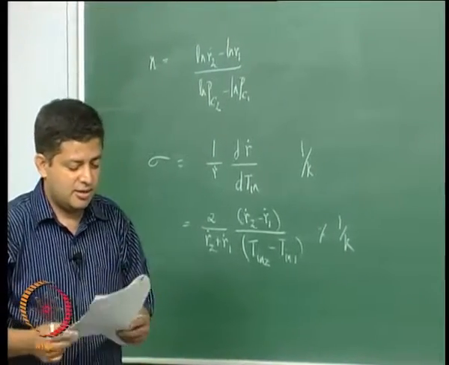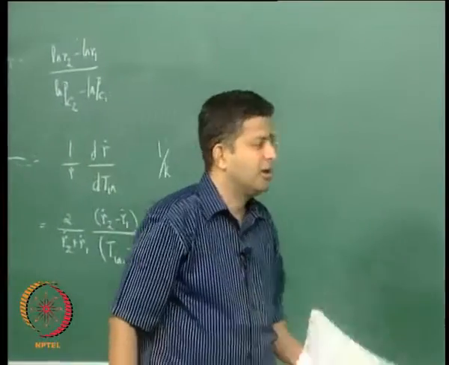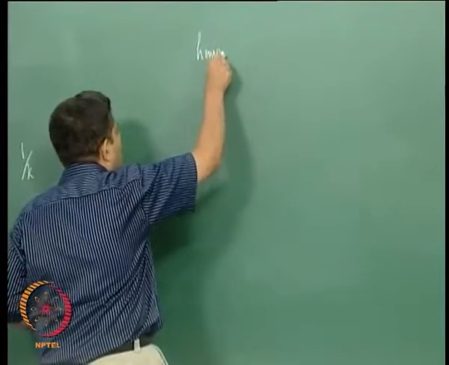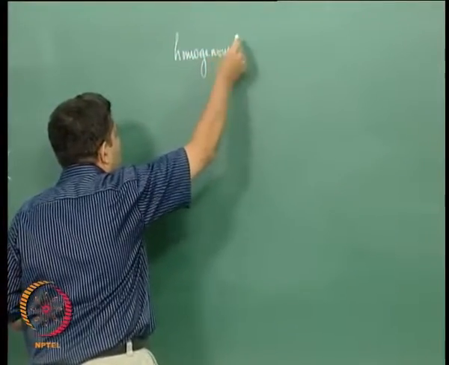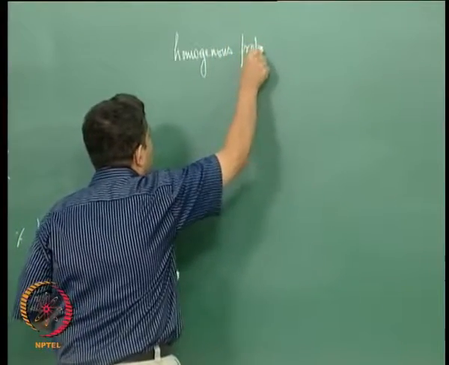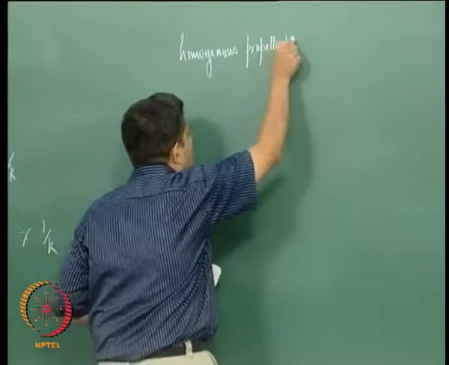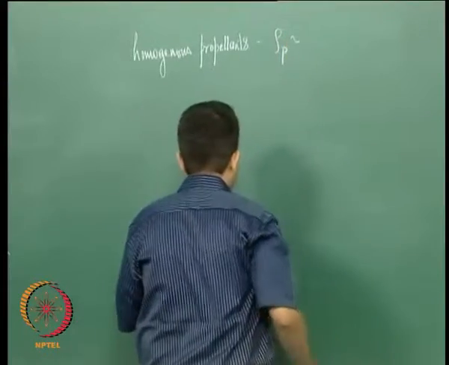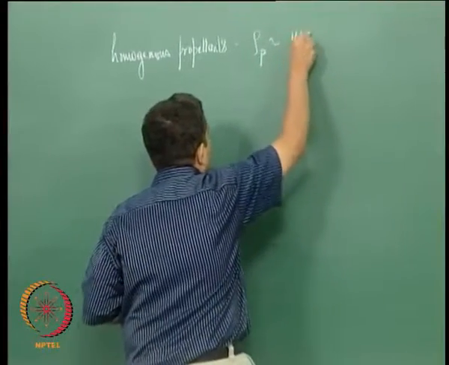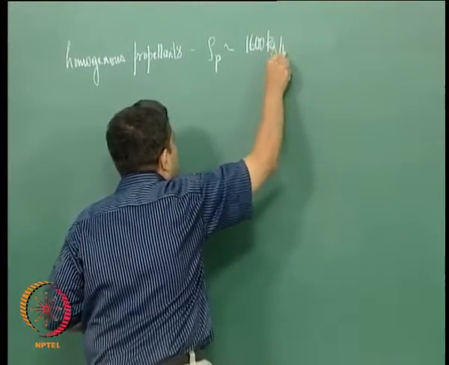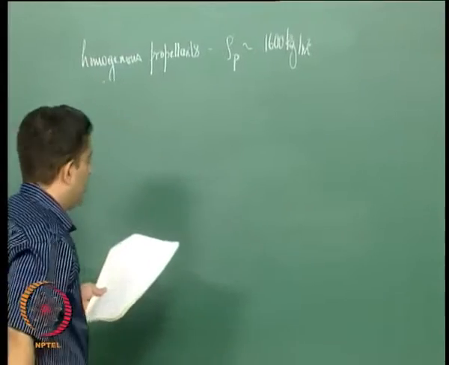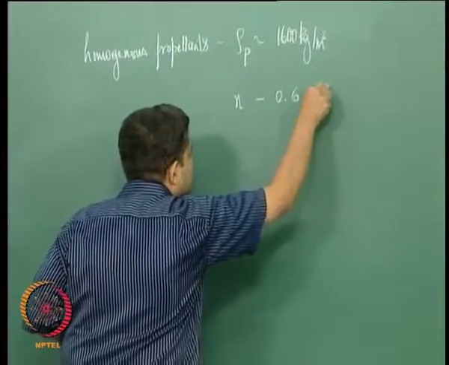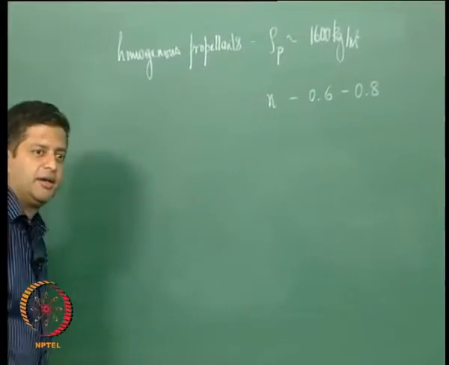Let us look at the values of density, typical burn rates that are possible, and the pressure indices and temperature sensitivity for the two propellants, homogeneous and heterogeneous. If you look at homogeneous propellant, typically the density will be of the order of 1600 kg per meter cube, then n varies between 0.6 to 0.8.